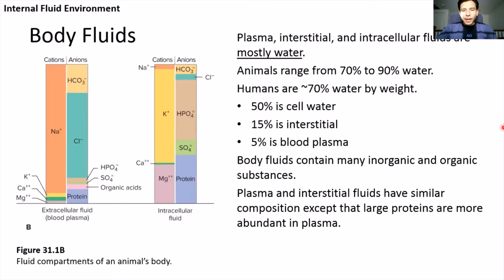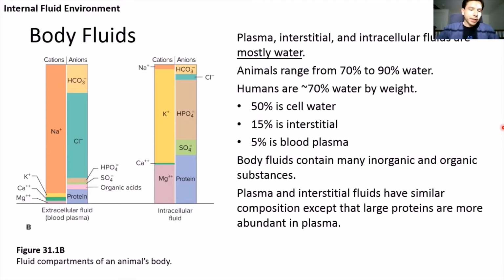Now, body fluids can contain many inorganic and organic substances. The organic substances can be proteins or sugars, hormones, but the inorganic substances are typically ions. These are negatively or positively charged small molecules.